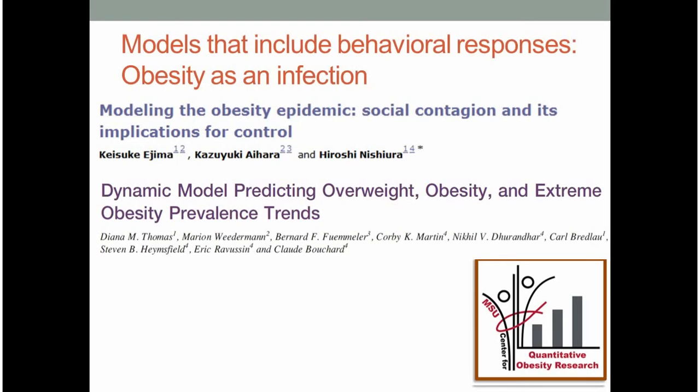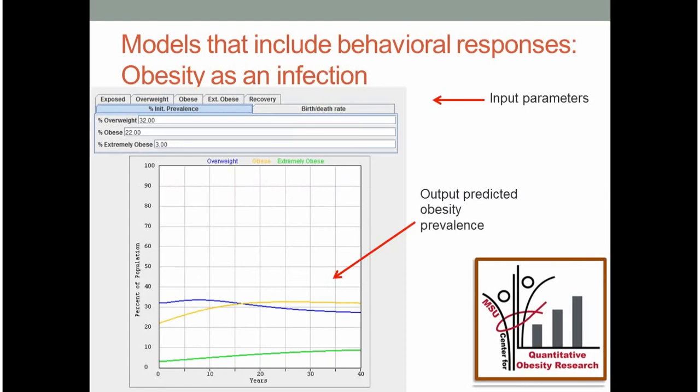Another one is our model, which was a collaboration between myself and many different obesity researchers. Steve Heymsfield, who's here, was one of the collaborators on this paper. We developed a Java applet, accessible on the Pennington Biomedical Research site, where you can input parameter values, and there's a nice description of how we came up with those values for our article.